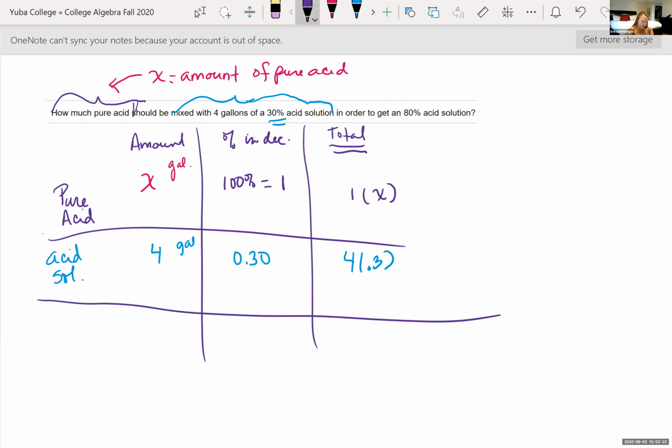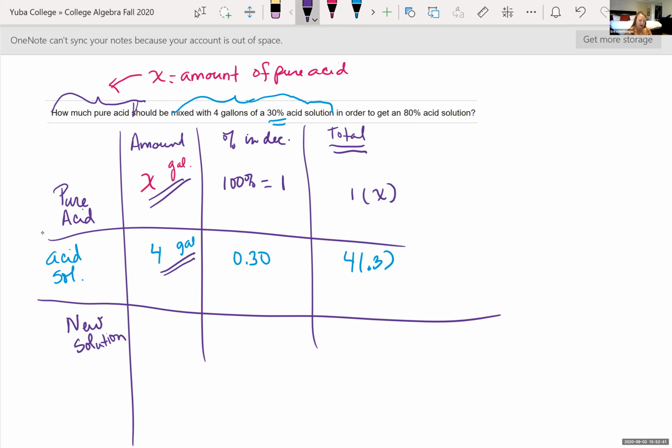And then we have our new solution. With our new solution, we had X gallons of the pure acid, and that was what we're adding to the 4 gallons.